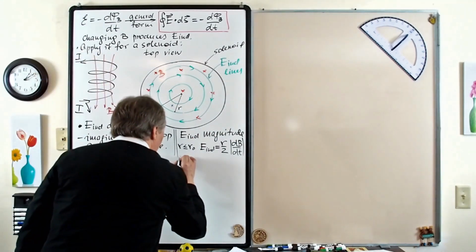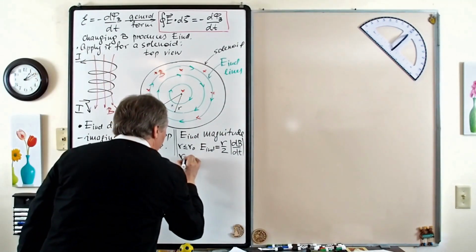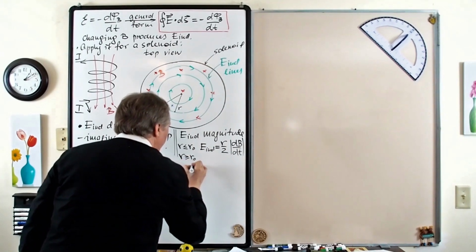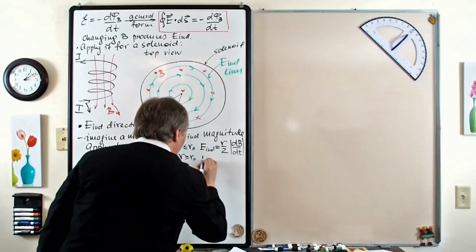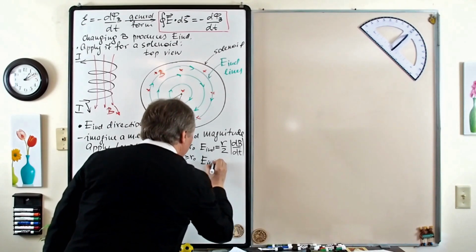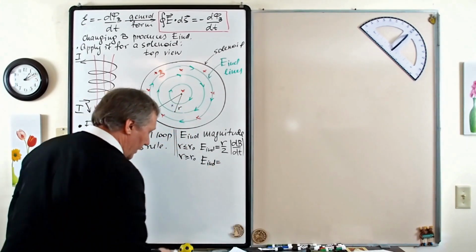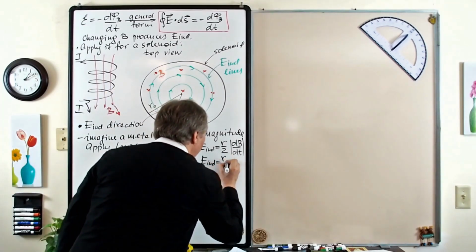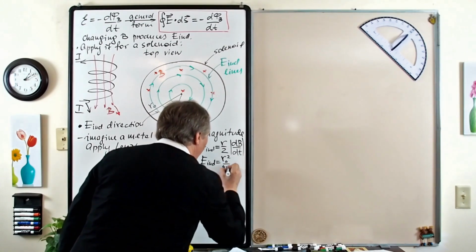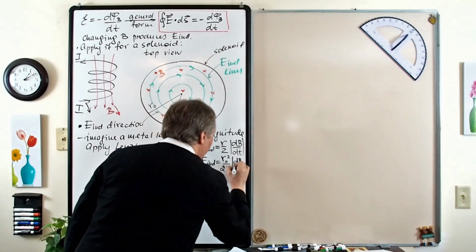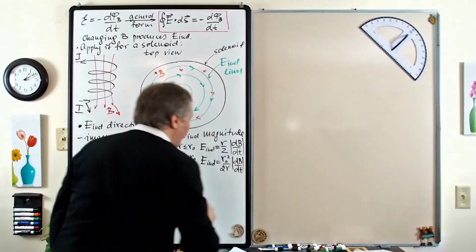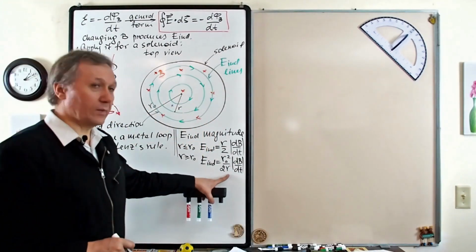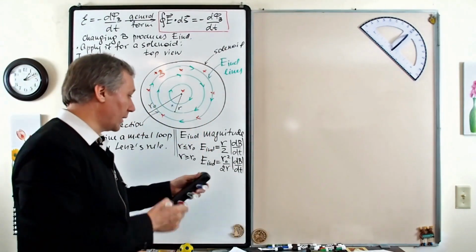And what about outside? If R is larger than or equal to R0, outside, the expression for the induced electric field will be R0 squared over 2R, and again the rate of change of the magnetic field. So outside, the field goes down as 1 over R.